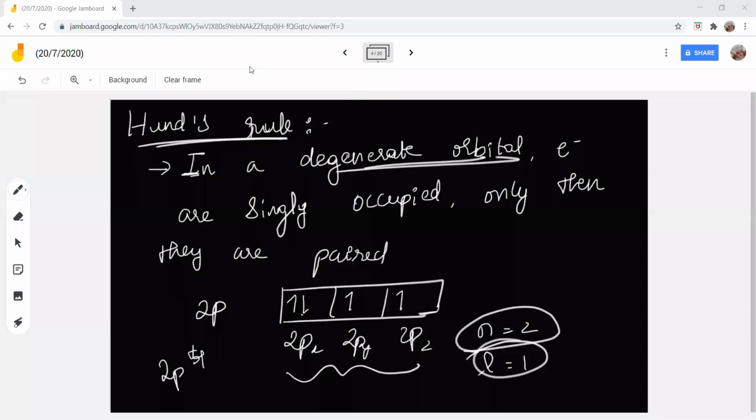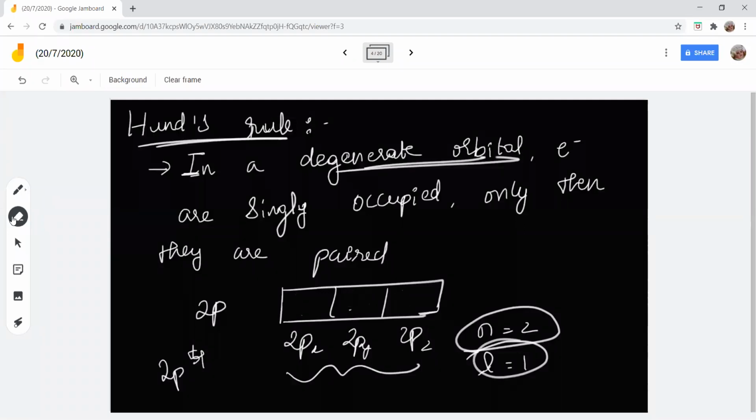Ma'am, I just wanted to know the table portion. This one, 2p. Okay, Thiru Kailash, now 2px, 2py, 2pz. For all these three orbitals, n and l value are same. Do you accept that? Yes, ma'am.